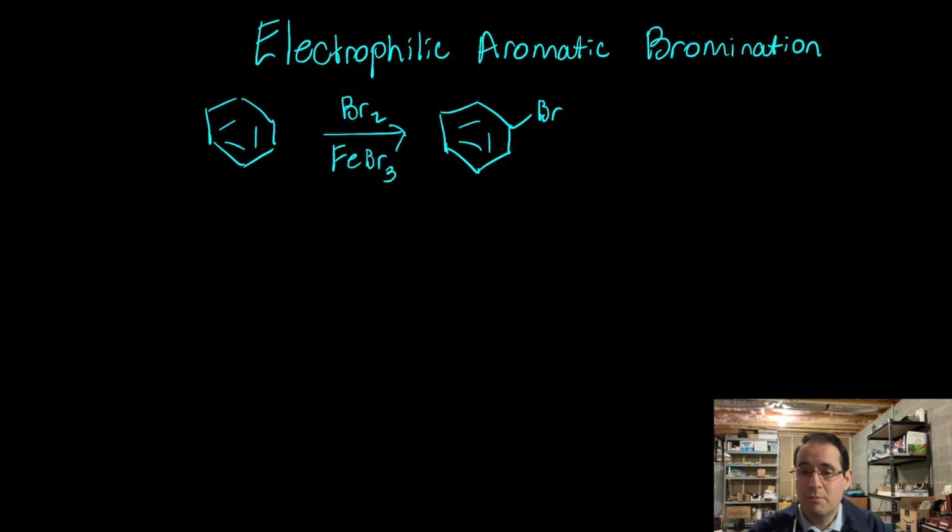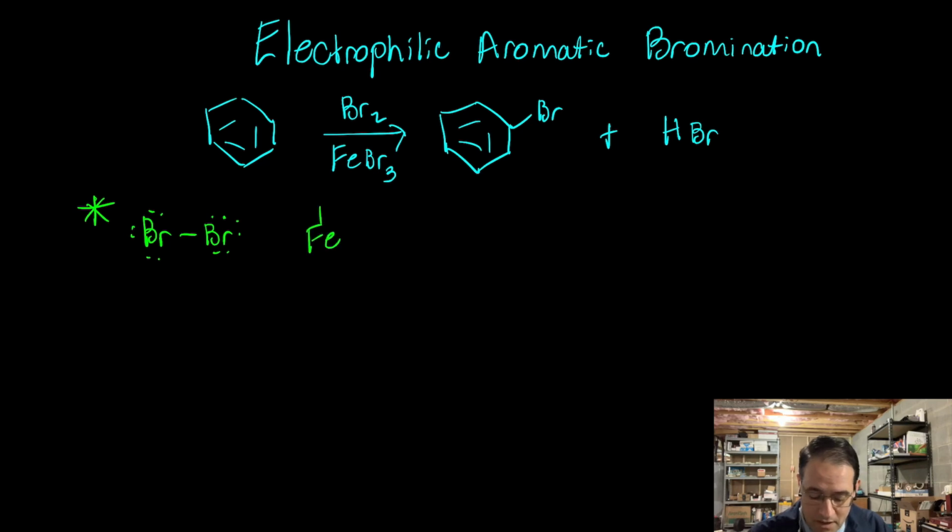You're wondering, well, let's balance this chemical equation. And so I will. You're forming HBr. Now the iron bromide is a catalyst which just gets regenerated, so we don't need to really worry about this part of it. So the curved arrow reaction mechanism in the beginning is always to make your electrophile, and I alluded to that earlier. Bromine has some lone pairs on each of these two atoms, and iron(III) bromide, it's really ionic, but I'm drawing these iron-bromine bonds as covalent bonds.